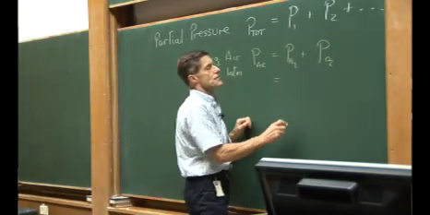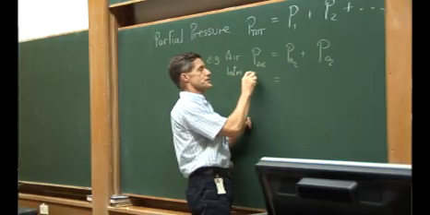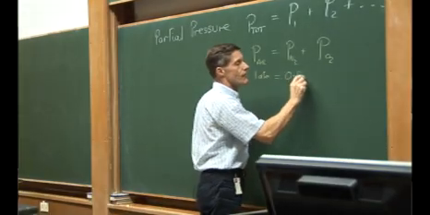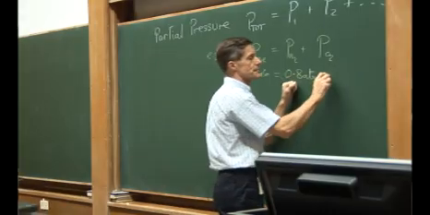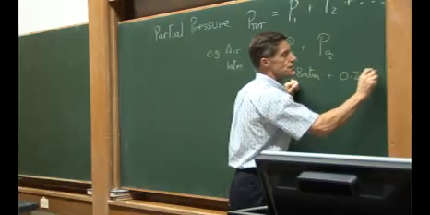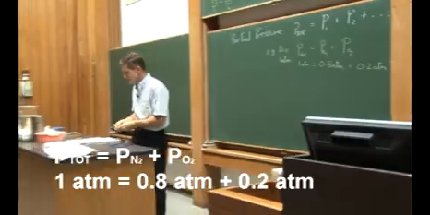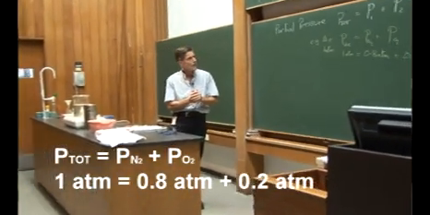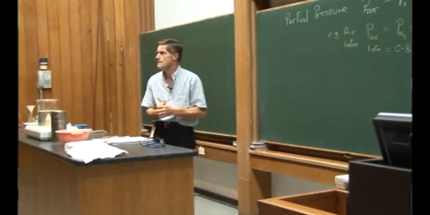And I know from analysis that the proportion of air that is nitrogen is 80%. So the partial pressure of nitrogen is 0.8 atmospheres, and the partial pressure of oxygen is 0.2 atmospheres, corresponding to the 20% that is oxygen. Okay, so we've got a way of dealing with mixtures of gases.